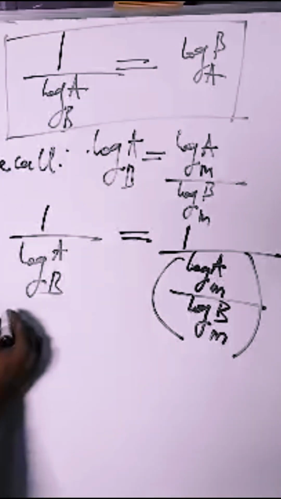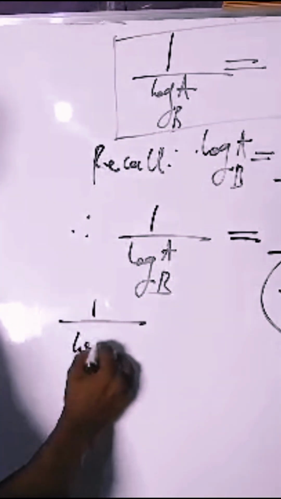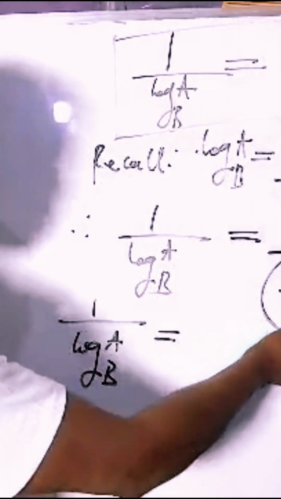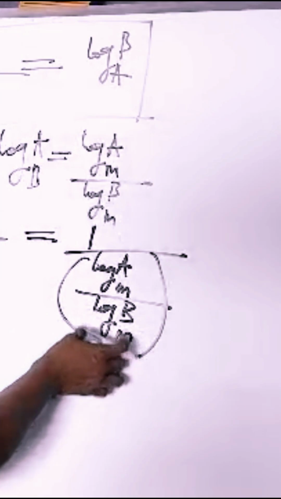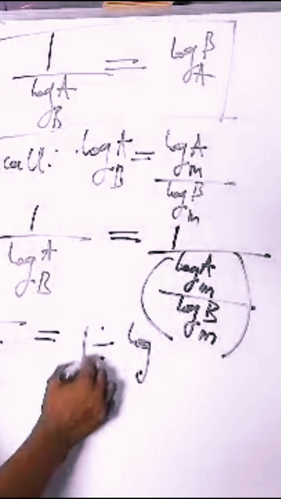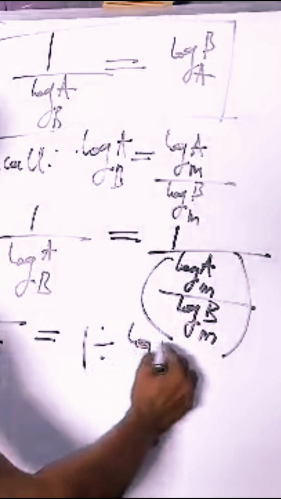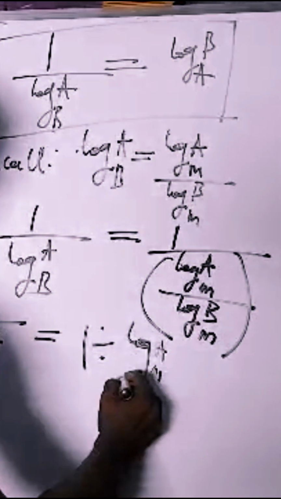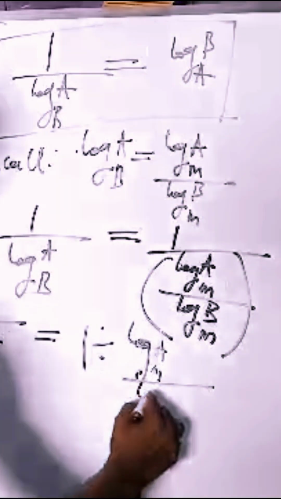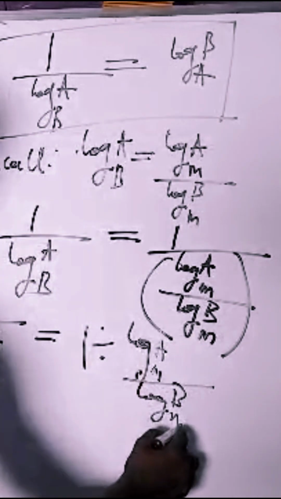So when we do that, we're going to have 1 over the log of a to base b is now equal to, reinterpreting this, what do we have? We have 1 divided by, simplifying this rather, 1 divided by log a to base m all over, take note of that, all over log b to base m.